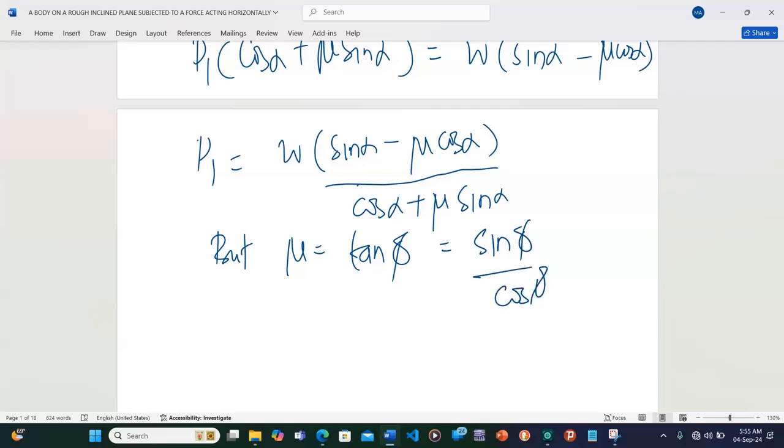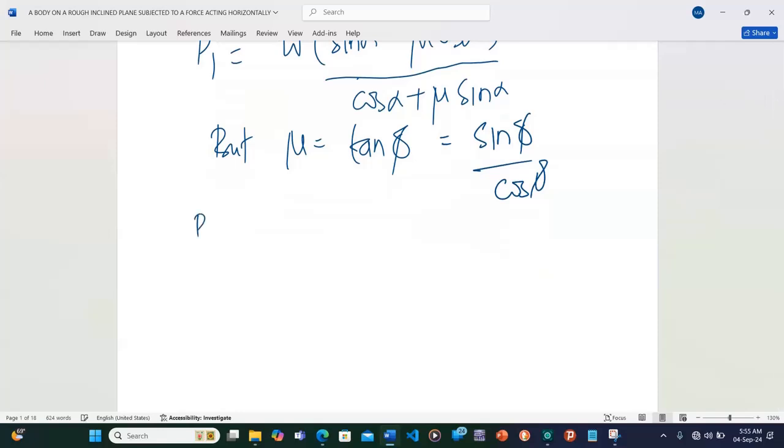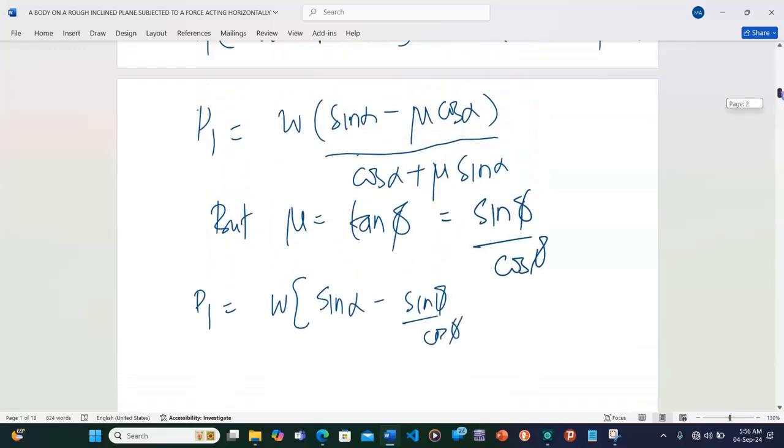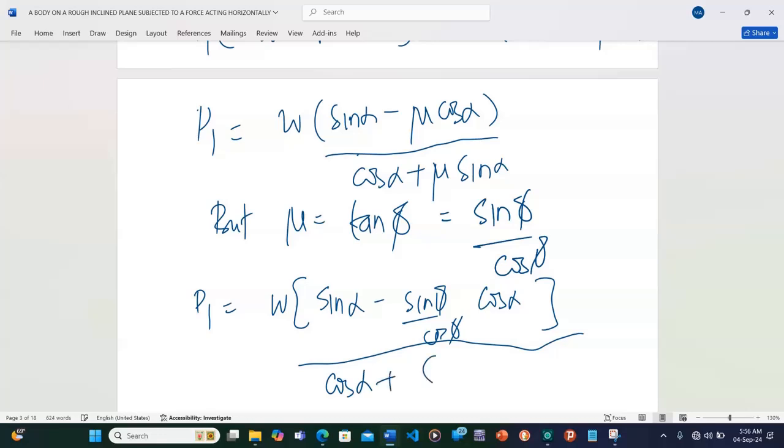So I substitute it in here and get my P1 will therefore equal to W into sin alpha minus sin phi out of cos phi, cos alpha, that is the numerator, then divided by cos alpha plus sin phi, cos phi, then sin alpha.